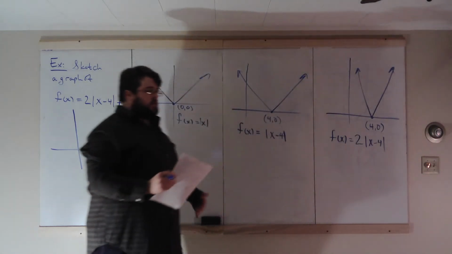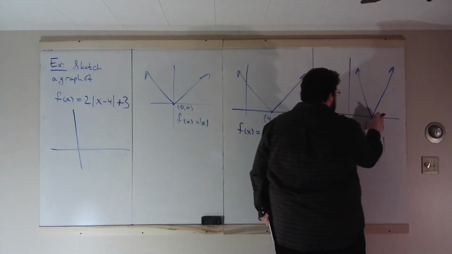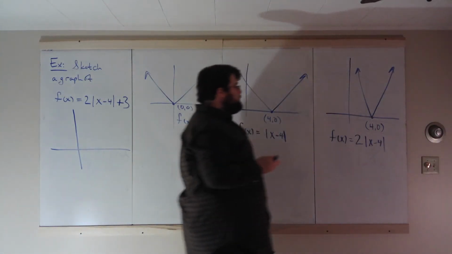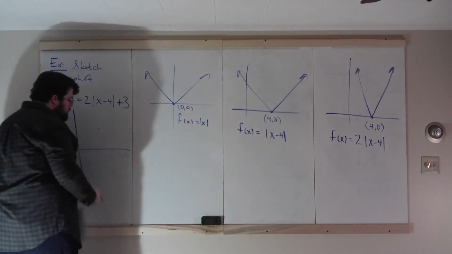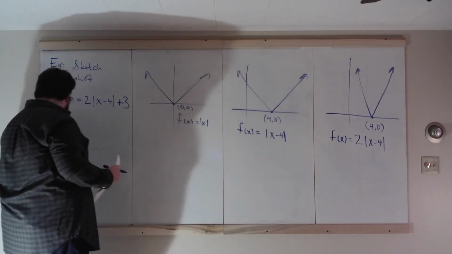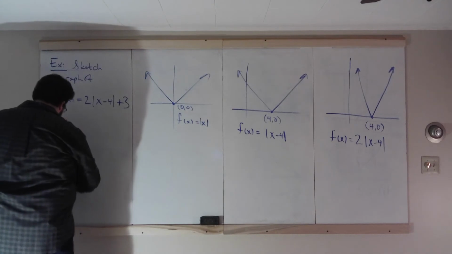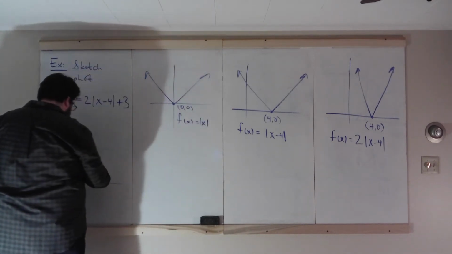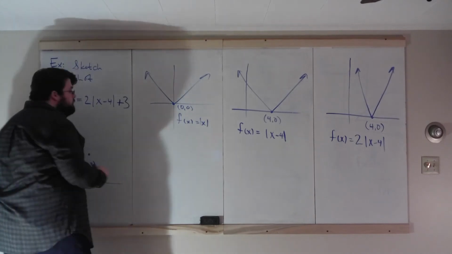So it's going to lift up 3 units, meaning that this point, instead of being here, is going to be 3 units higher. So instead of 4, 0, that point's going to be at 4, 3.